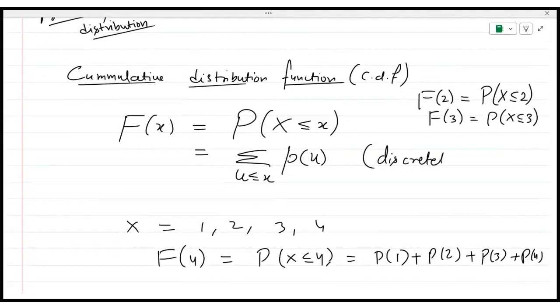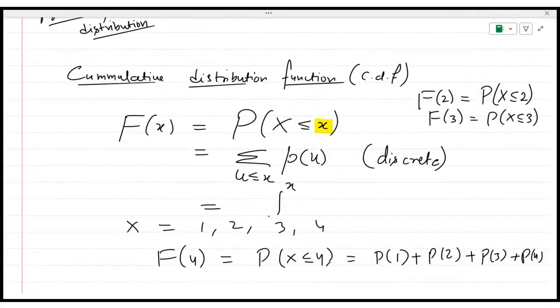And if it is continuous, then how do we find the probability for the values which are less than x? In the case of continuous, we do integration. In place of summation, we do integration. Now what is the maximum value? Maximum value is x.